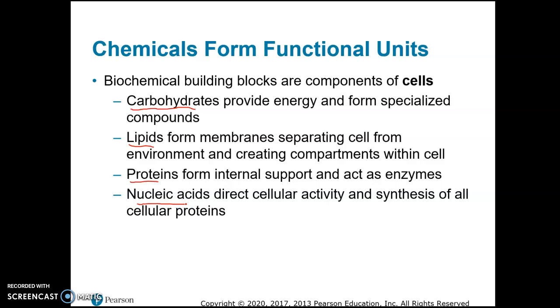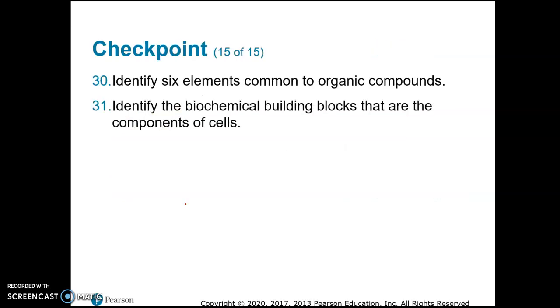And they're the components of the cells that make up living things, that make up our bodies. The 6 elements common to organic compounds, remember CHNOPS: carbon, hydrogen, nitrogen, oxygen, phosphorus, and sulfur. And then the building blocks we just named: lipids, carbohydrates, proteins, and nucleic acids. And that is the end.